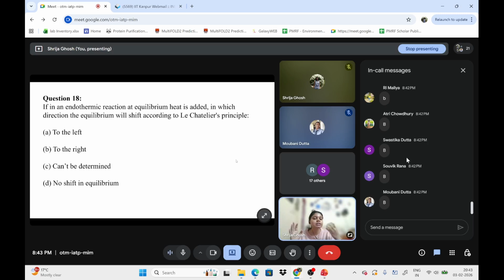And if heat is released, it's an exothermic reaction, and heat will be towards the product side. So if heat is towards the reactant side in case of endothermic reaction, and we are increasing the heat, what will happen? We are increasing one of the components on the left hand side. I've told you, if one of the components on the left hand side is increased, the equilibrium will shift to the right. So your answer is correct.